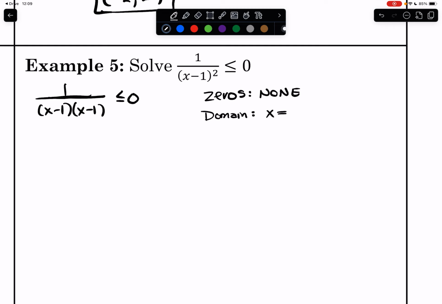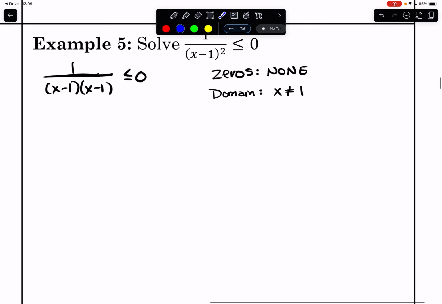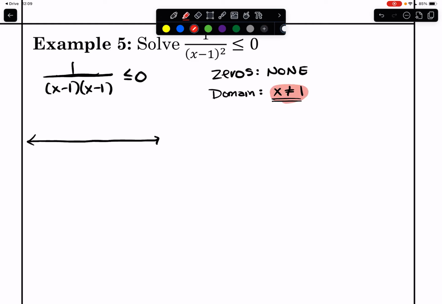We cannot have a value at positive 1. Because if I have x equal to positive 1, then this doesn't work anymore. This doesn't exist. It doesn't have a value. So our domain will be everything except for 1. So using that one number only, we're going to break our number line exactly like the last one. But again, since this number is excluded from the domain, we're not going to include it.